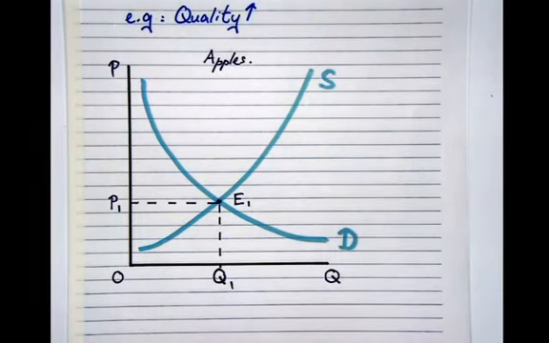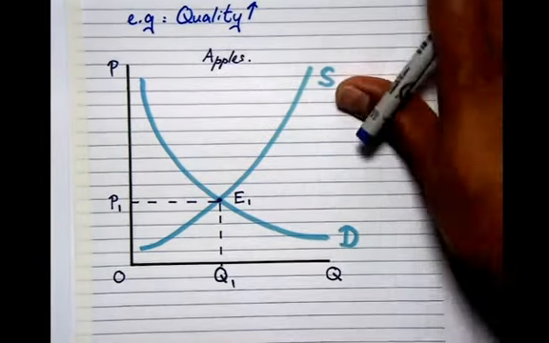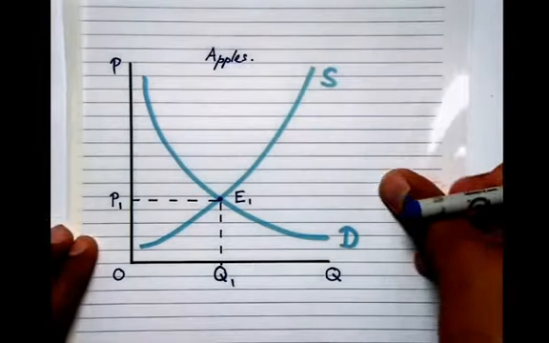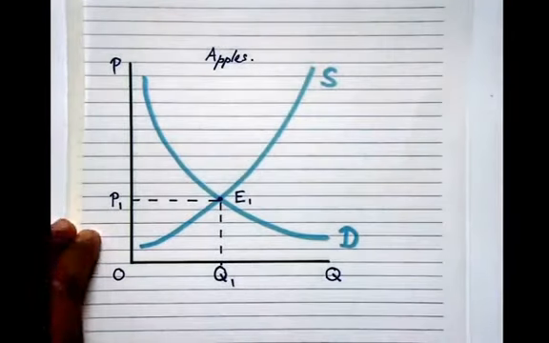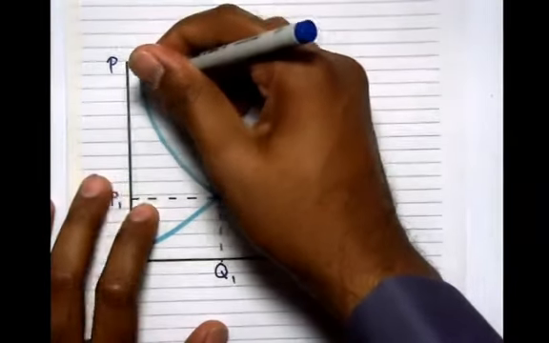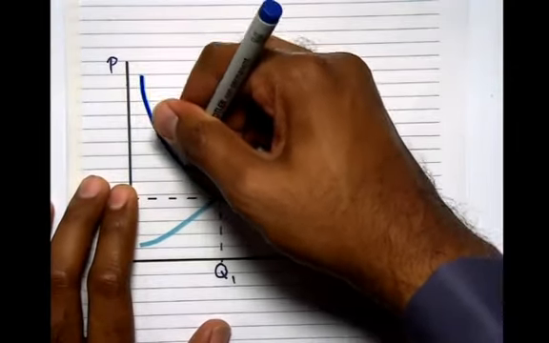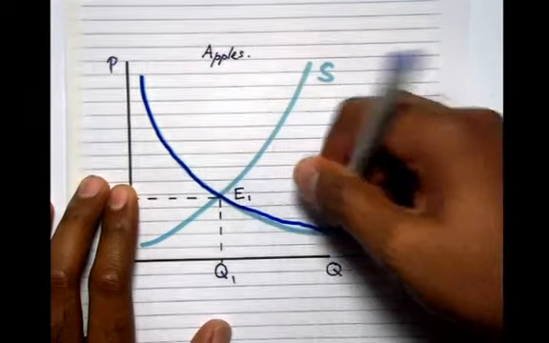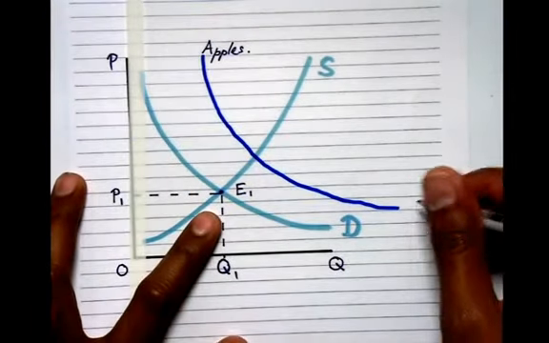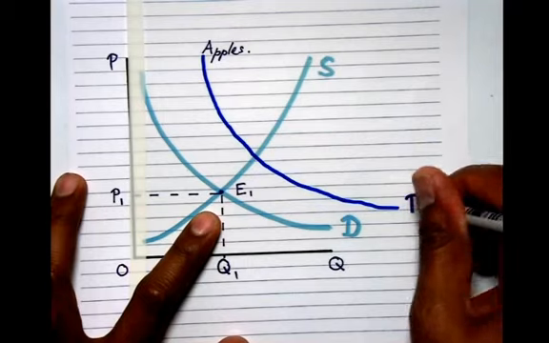Everyone okay with that? So there's an improvement in quality of the product, and demand would shift further away from zero. This is your initial demand curve, and the demand curve would now shift further away from zero. We'll call that D2.